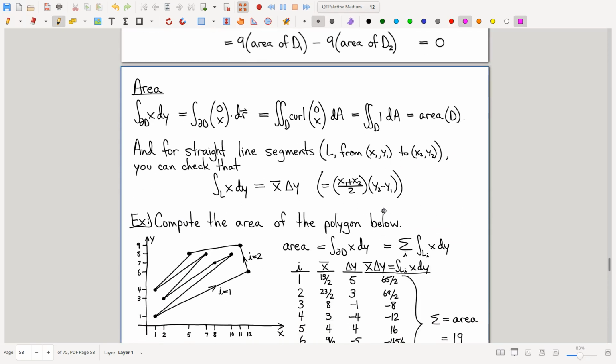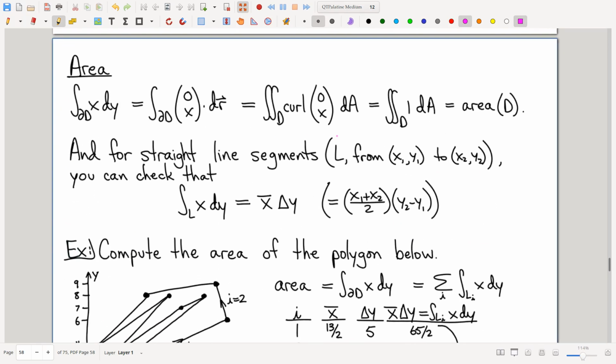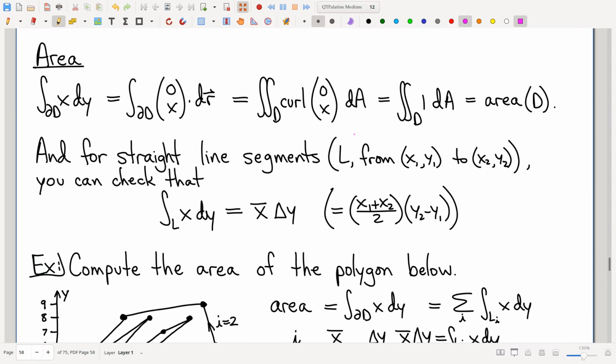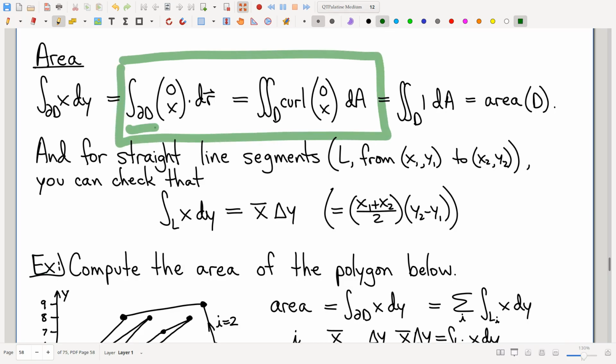Okay, here's a cool application. It is ultimately just Green's theorem. Let me highlight this first. Here's Green's theorem: boundary line integral of a vector field, double integral over the interior of the curl, right? That's nothing more than Green's theorem.